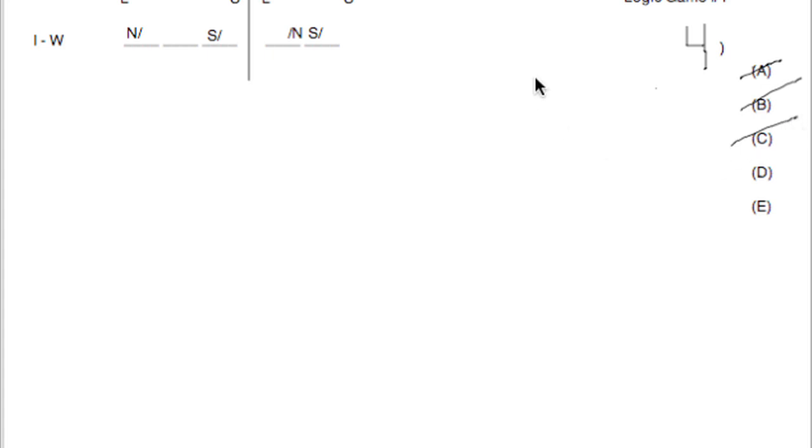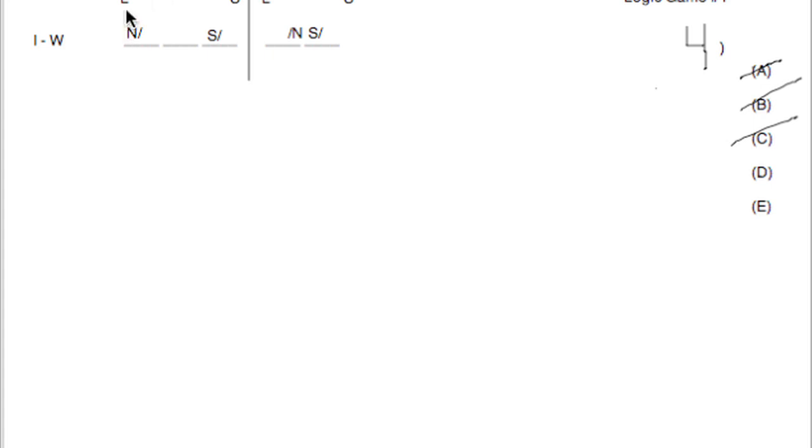Let's look at D. W is the first report in the first segment. Here we have a problem, as we were just discussing. That's a little bit suspicious, given the I before W rule. That's our answer. I'll play it out just so you can see what's going on.